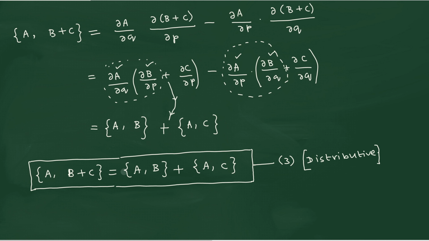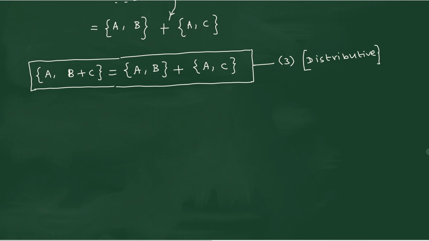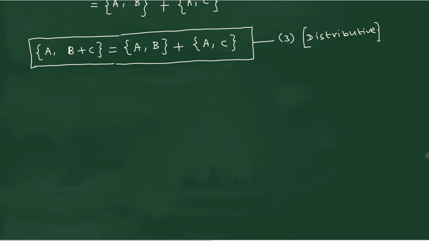So for that reason, getting familiarity with the terminology is sometimes important. Otherwise, whether you know it is distributive or not is not so important, but you should know how to simplify a Poisson bracket. Okay. So the point is also important, sometimes useful for competitive examinations, where 4 options can be given. For that reason, I'm also emphasizing the name here, distributive law.